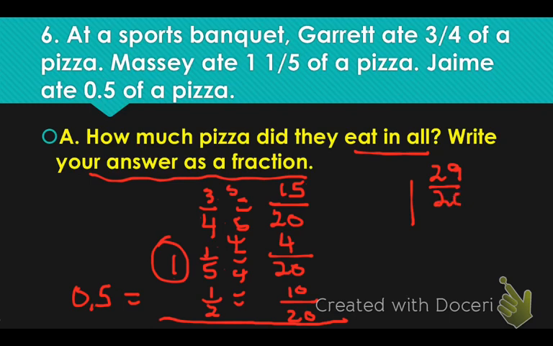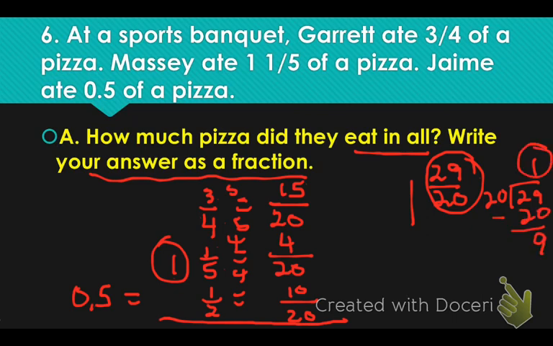29/20. So just like the other one, need to change this 29/20. Okay, you can divide it. That goes in 1 time, and I have 9 left over. So this becomes 1 and 9/20. I have to add that to the 1 whole that I already had right here.